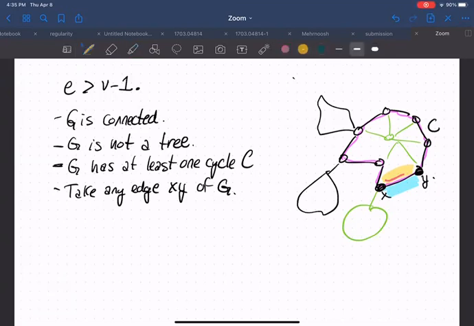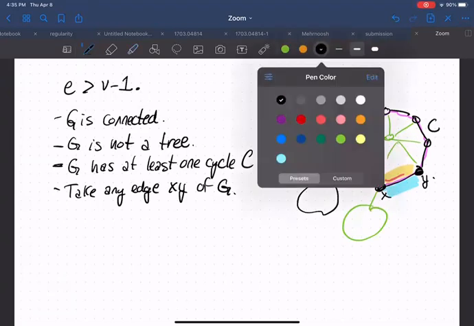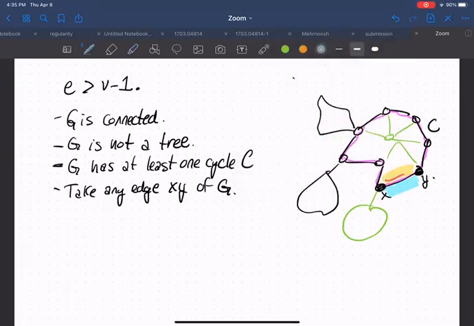So let's now make a new graph, or a derived graph, that we get by erasing this edge.